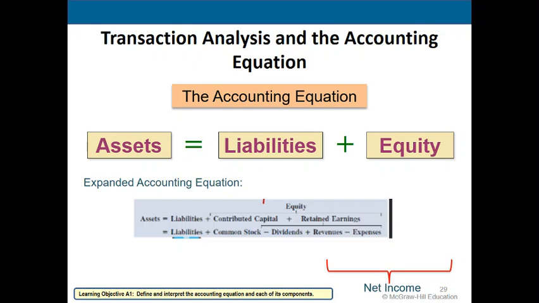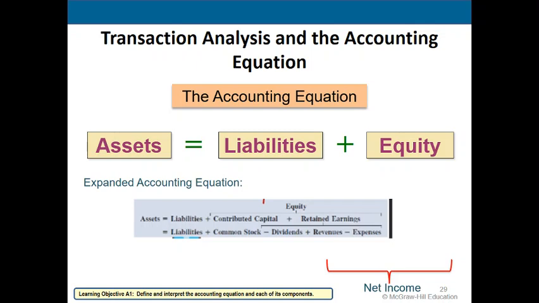Liabilities are claims against those assets by outsiders, third parties, such as accounts payable, taxes payable, wages payable, so on and so forth, notes payable. And the equity is the difference between the amount of assets you have minus the liabilities.